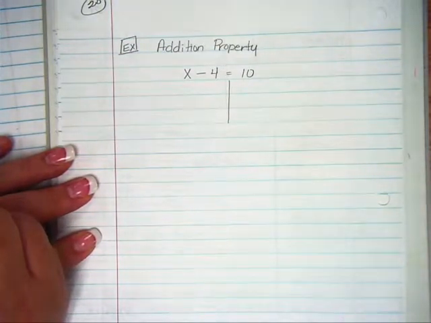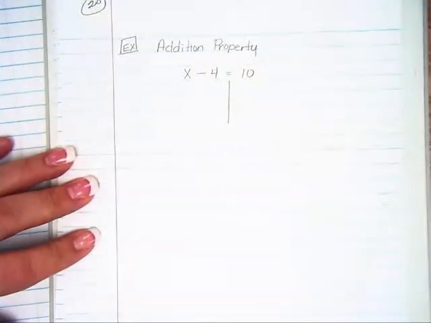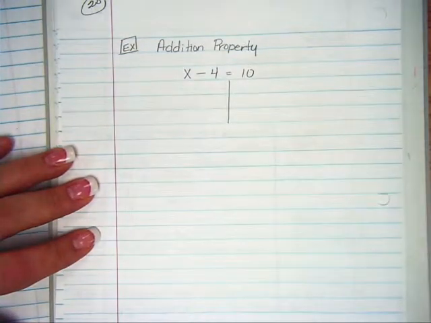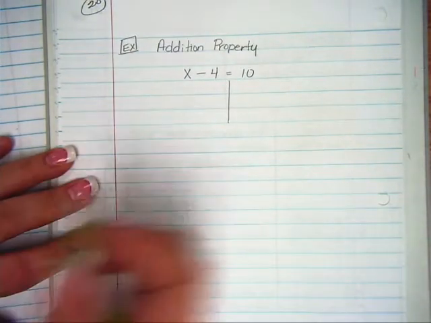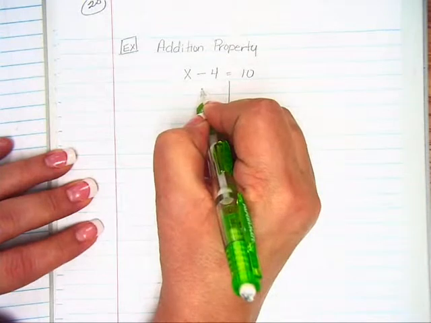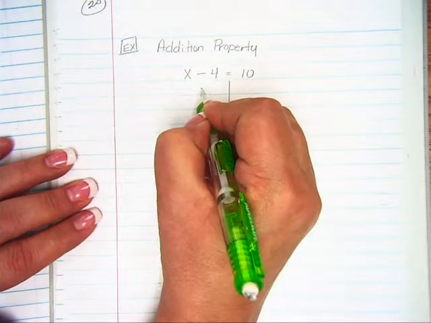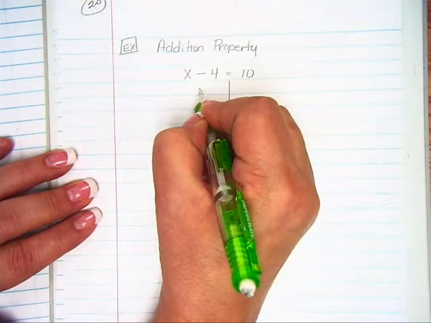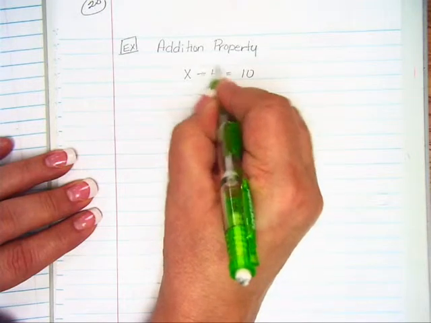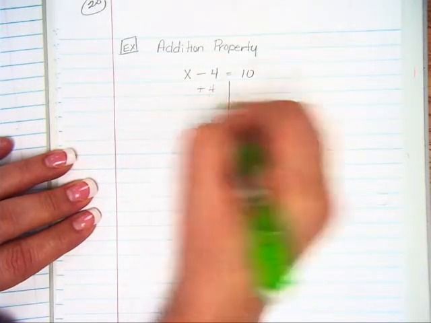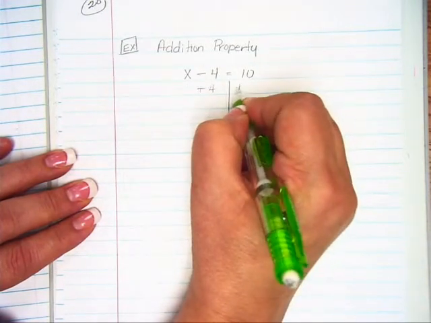What we're trying to do is solve for x. We need x equals. We know that x equals 14, but let's do it this way. I'm going to use my inverse operation. I'm going to undo this subtraction by adding 4 to both sides.